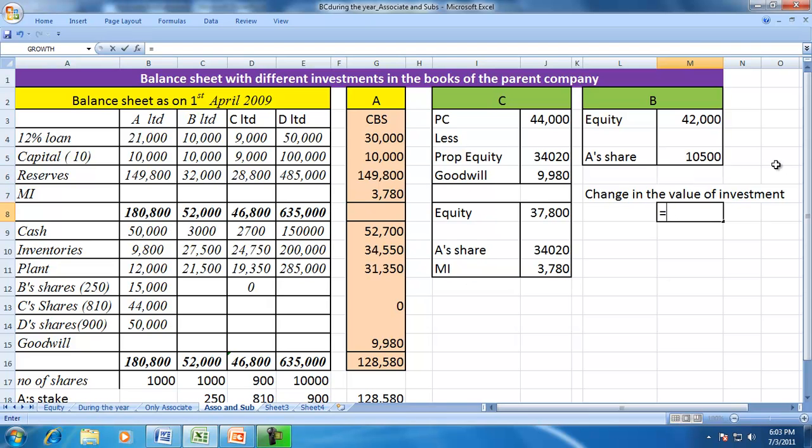So the investment value has come down to 10,500, or the value has changed by negative 4,500. So B's investment will now be shown as 15,000 minus the change, 10,500, and since no other reserves are given, we make the corresponding adjustment into the reserves. So the reserves have come down because of the change in the value of investment.